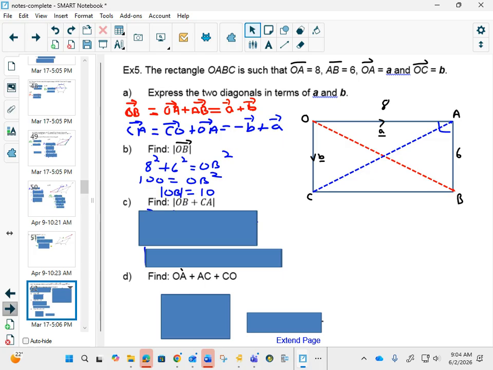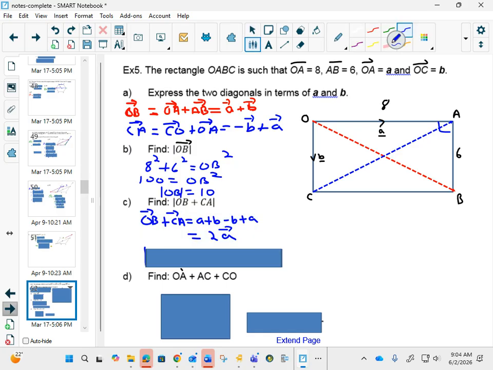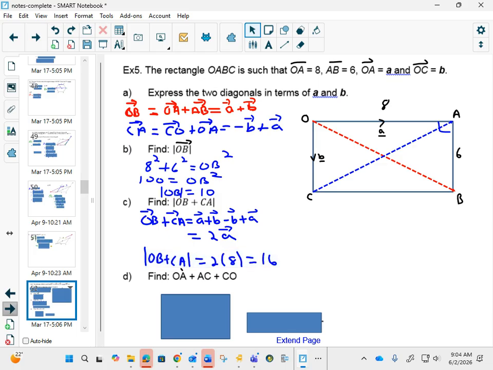If you took OB and added CA, so O to B, and I add C to A, if we do it with vectors, we find out that it's just two lengths of A, its length would be 16.